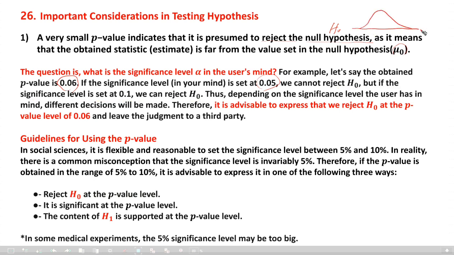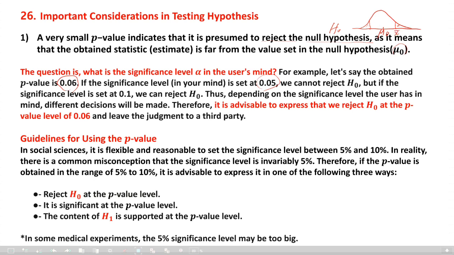Say, testing hypothesis for population mean, mu0 here, center, and you get p-value 0.05, two-tailed test, okay? It's your p-value. You got x bar here.